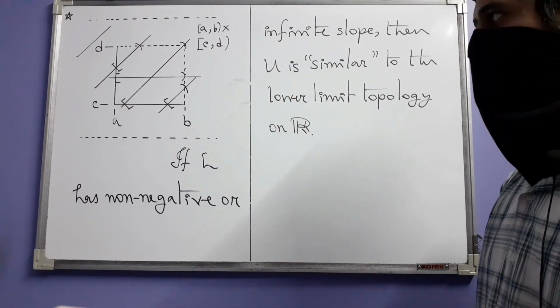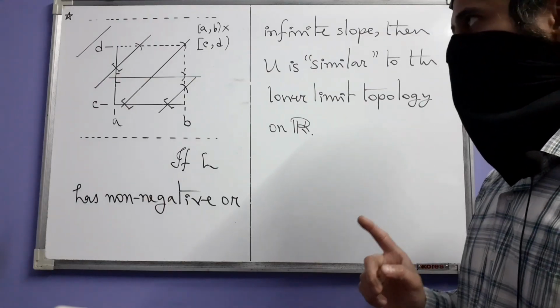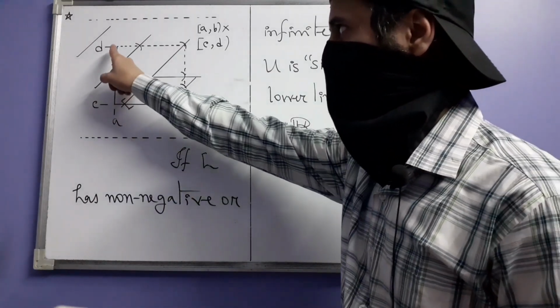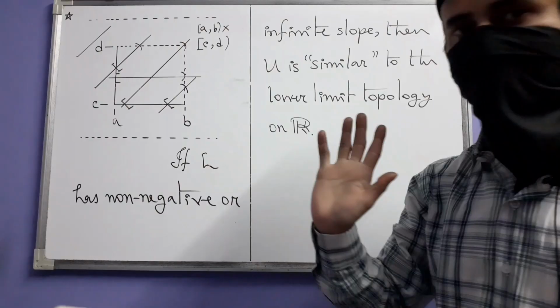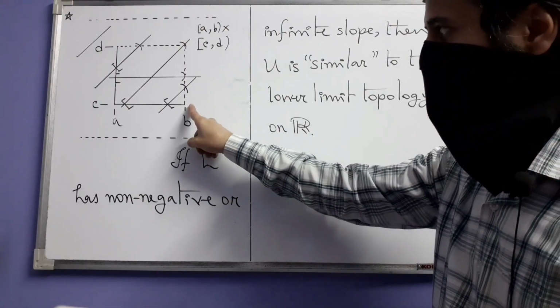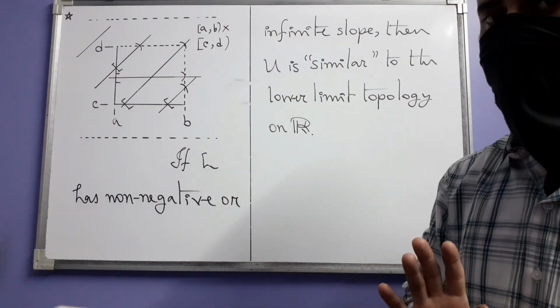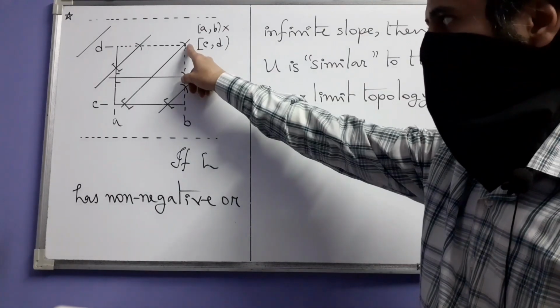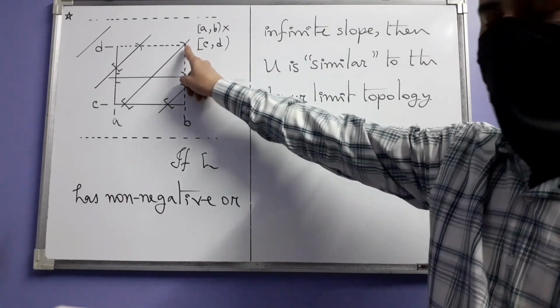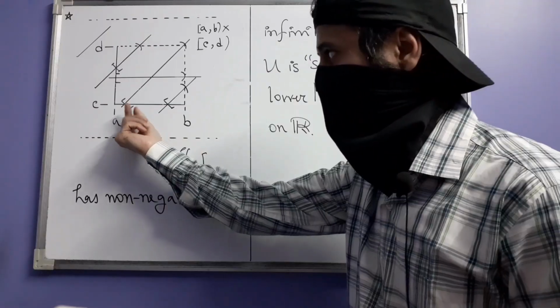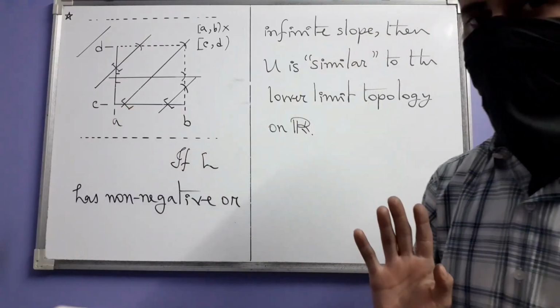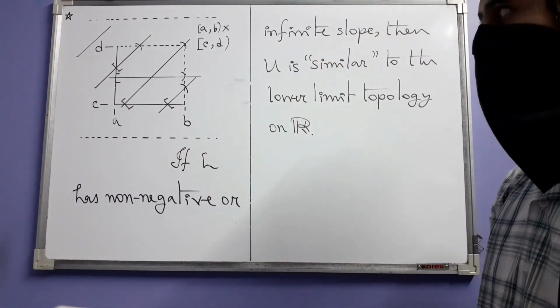Note carefully that the point A, D, that means this corner, is not included. This corner is also not included. B, C is also not included. And of course, this corner is also not included, B, D. However, A, C, this corner point is there in the basis set.